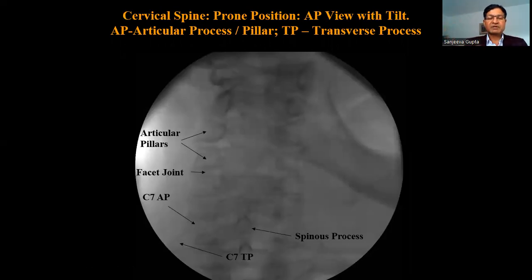So that is the C7 transverse process there, and the C7 articular pillar is here. The target for C7 medial branch block is one just at the junction of the superior articular process of C7 and the transverse process, and one slightly above and one slightly below, as there is variation in the way the nerve goes there.